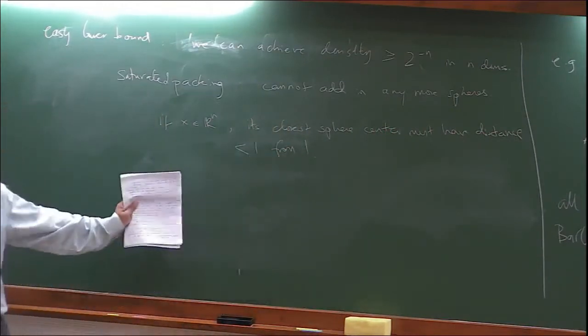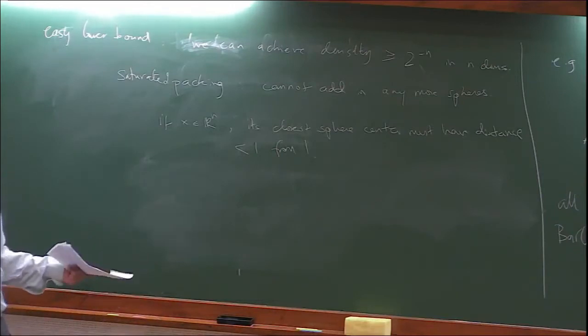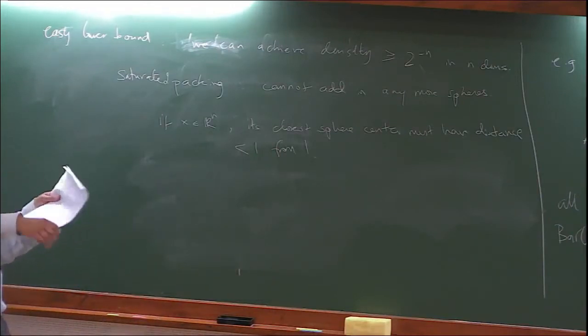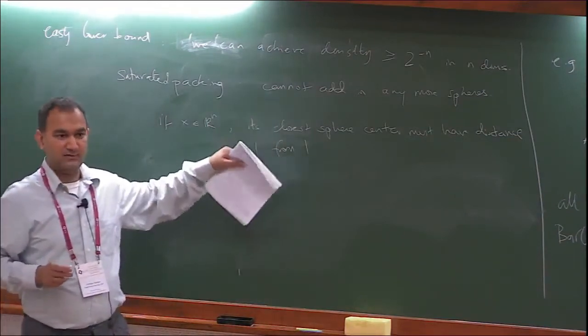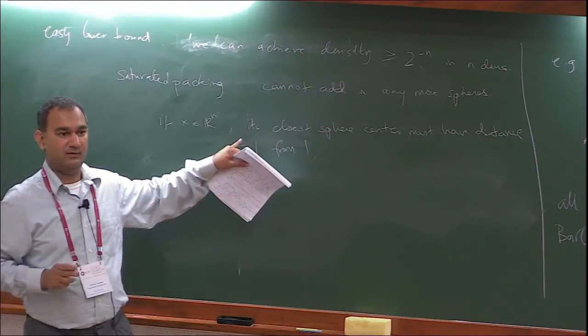This is obvious, right? If the closest sphere center had distance at least 1, you would just put in a unit sphere there.